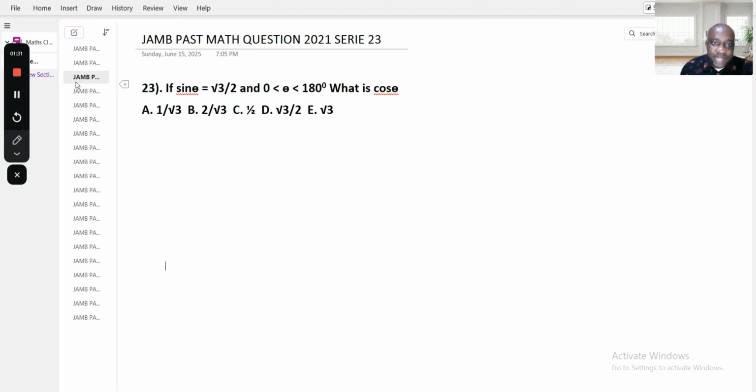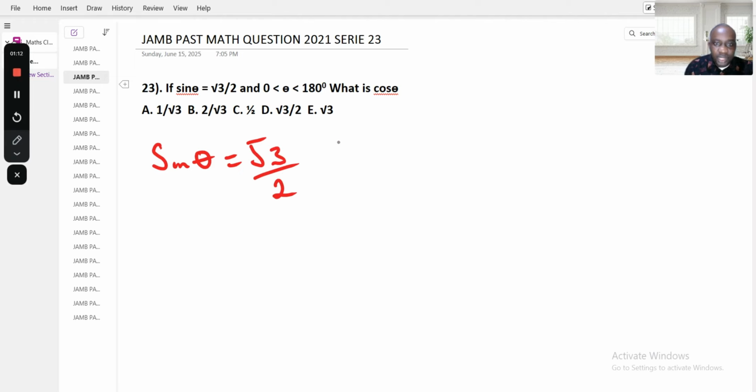If sine theta equals square root of 3 over 2 and 0 is less than theta less than 180 degrees. Now, let's look at this. Sin theta is square root of 3 over 2.